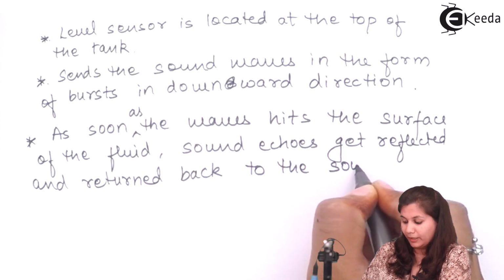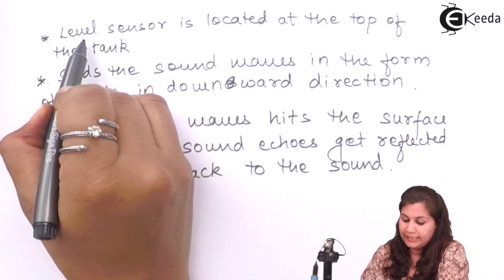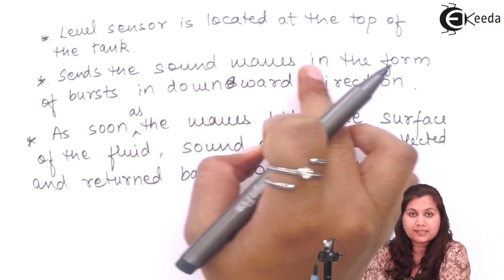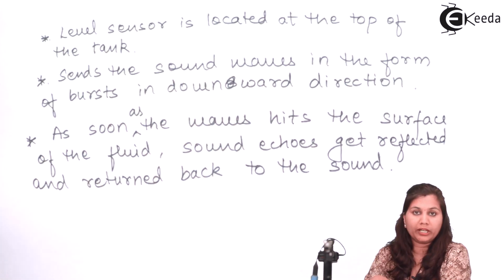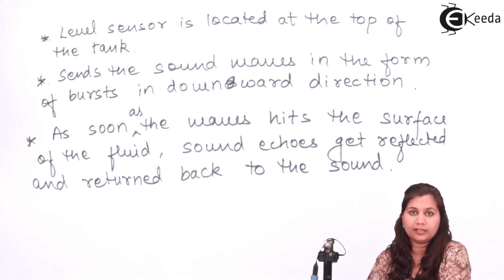Here we have described the working of the ultrasonic level sensors. The level sensor is located at the top of the tank. This sensor sends sound waves in the form of bursts in a downward direction towards the fluid filled in the tank.